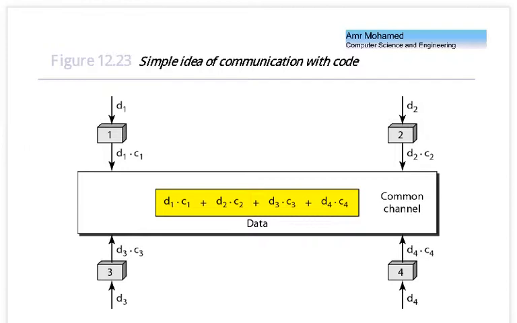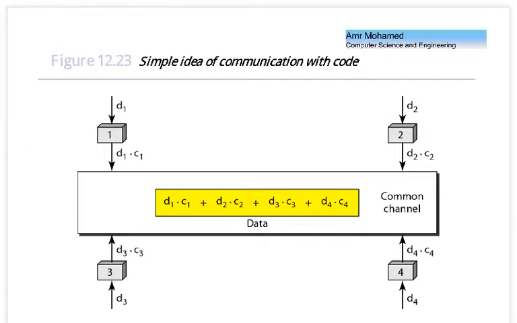In order for you to be able to extract any of this data, remember that my objective is to get, for example, D1, or D2, or D3. I want to receive this data from the composite signal. In order to extract any of these Ds from the composite signal, these codes have to have some properties.